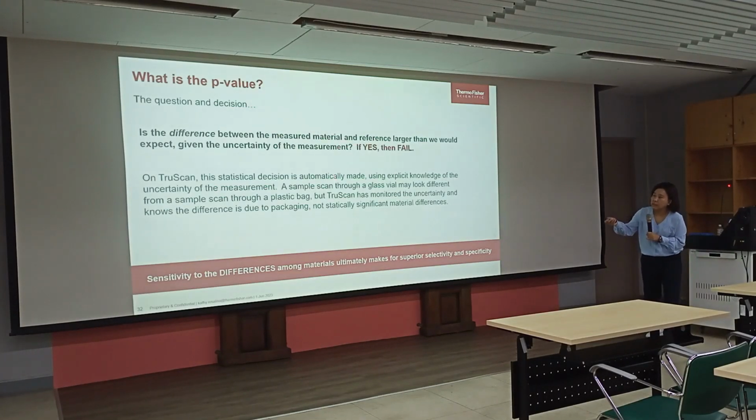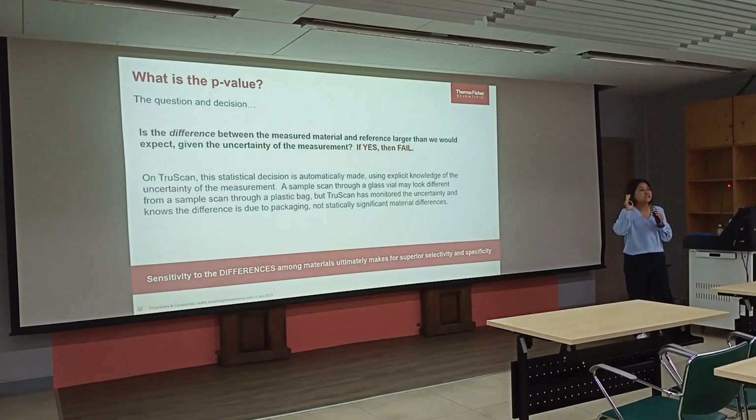Okay, this is a very long explanation about the p-value, so let me put it in a simpler way. In the market, most handheld instruments use HQI, which we call hit quality index, or the correlation coefficient to define the result.